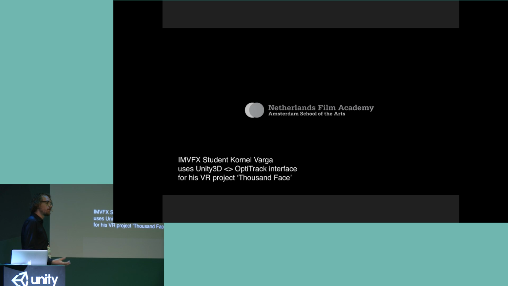So the same year that we developed this, one of our students, Cornel Varga, made a big room scale VR thing where a few interesting things happened, because the virtual environment was also created physical.